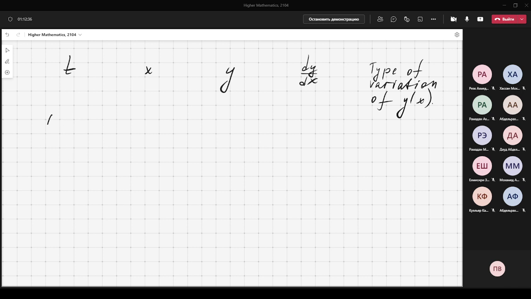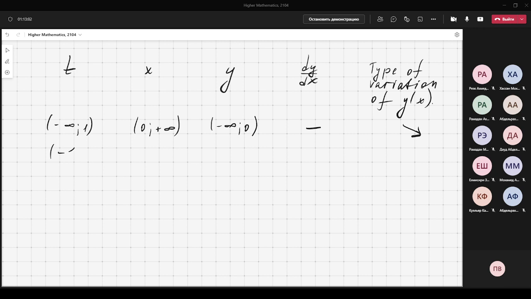T from minus infinity to minus 1, x from 0 to plus infinity, y from minus infinity to 0, sign minus, decreases.